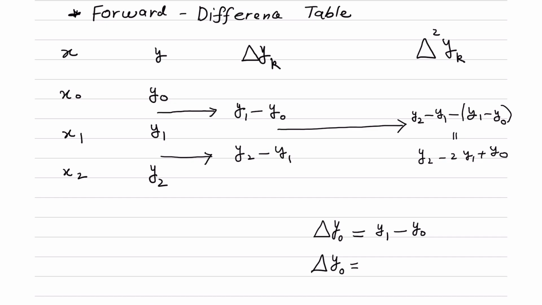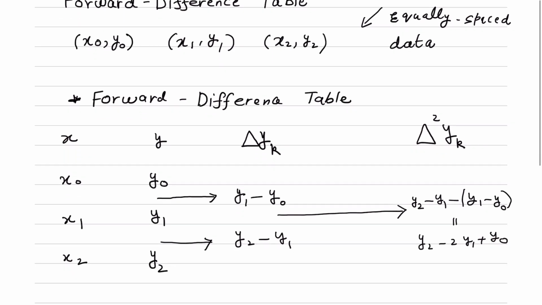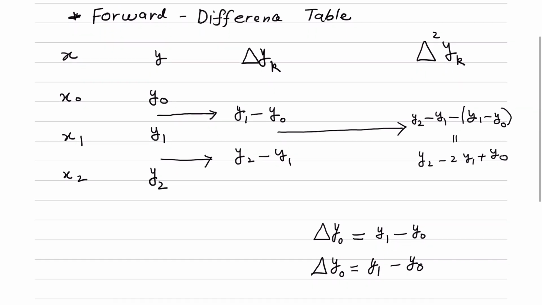The next value after y0 is y1 minus it calculates the difference with itself, which is y0. So we can see that the first value in the third column is actually forward y0. So this is the notation of this term which you have calculated by subtracting y0 from y1.